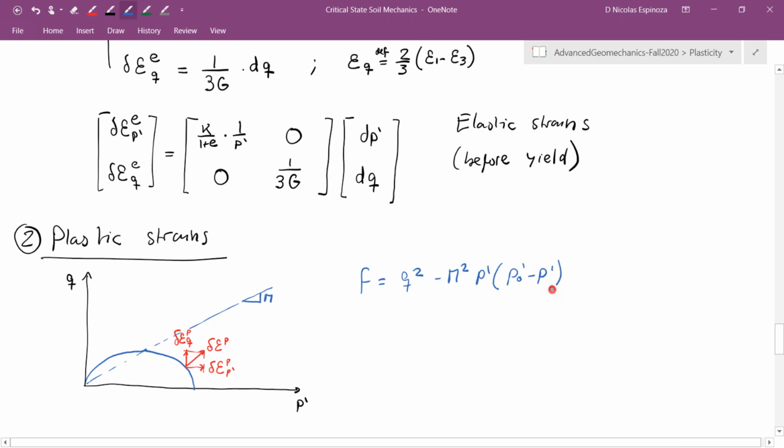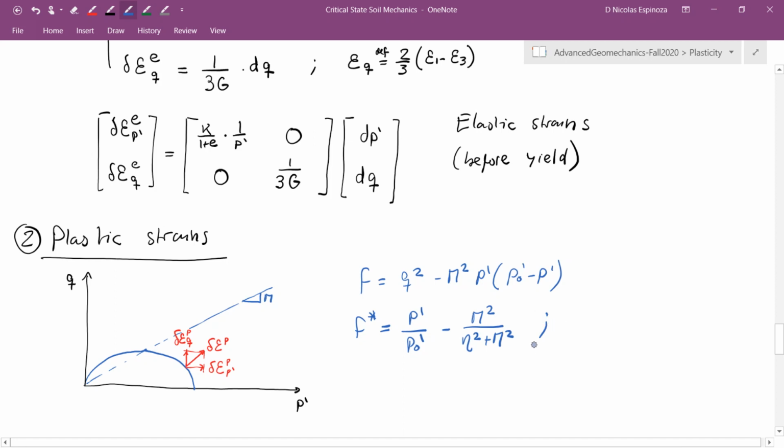All right, I'm going to write this same equation, but a little bit differently, so it's more convenient to work with, but it is the same thing. And this can be written as P prime over the pre-consolidation stress, which is actually going to be a dimensionless version of what I had before. And I'm going to introduce a new parameter here, eta, and we're going to see what that is in a minute.